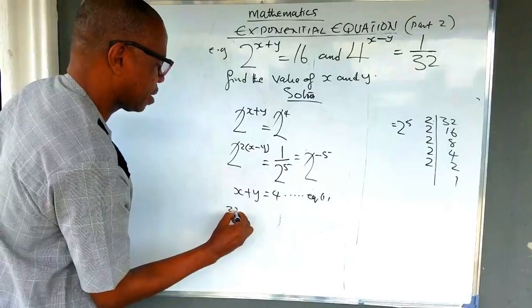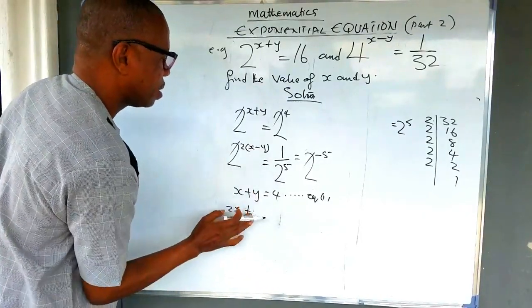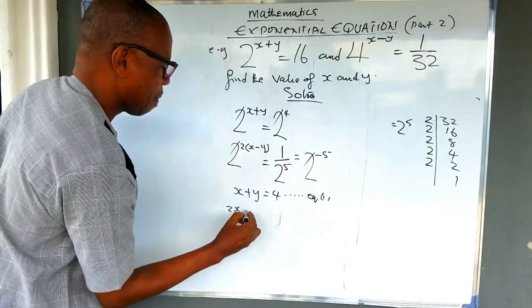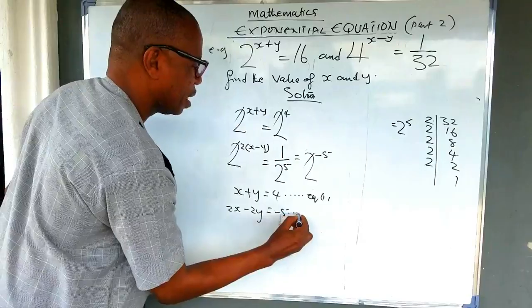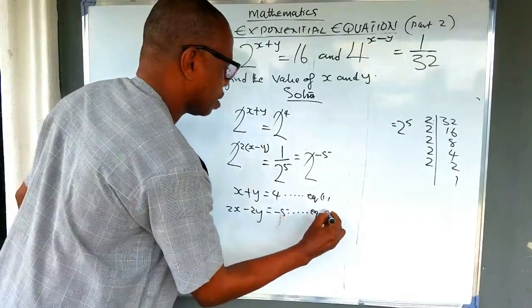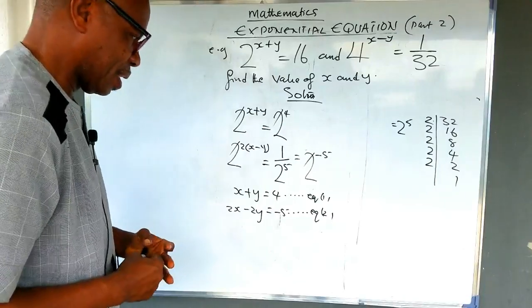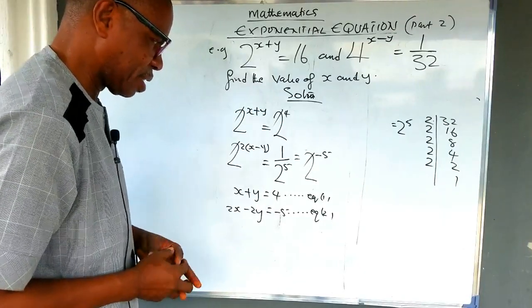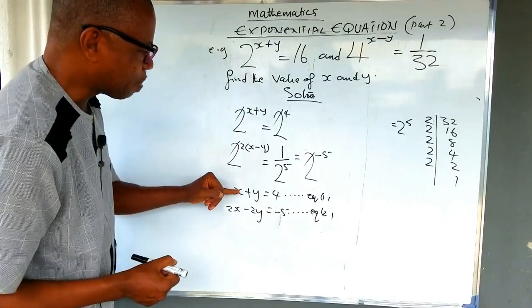And 2 times x is 2x, and 2 times minus y is minus 2y, which is equal to minus 5. Let me now call that my equation 2. You see, we are gradually moving into what we call simultaneous equations.